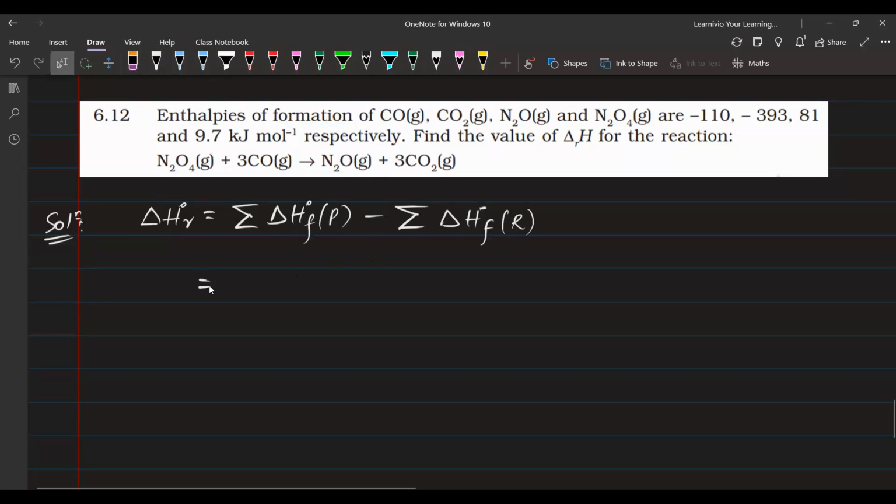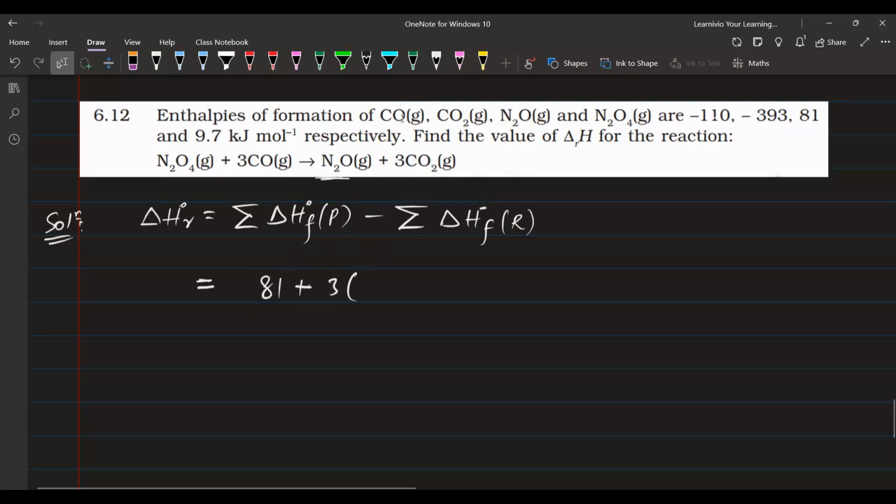So for enthalpy of formation, what do you have in the product? N2O, which is 81. Right? 81 plus. How many N2O? There is one N2O. Then we have 3 CO2, so 3 into CO2.